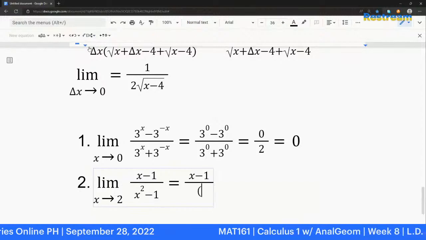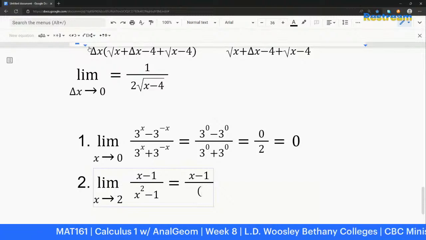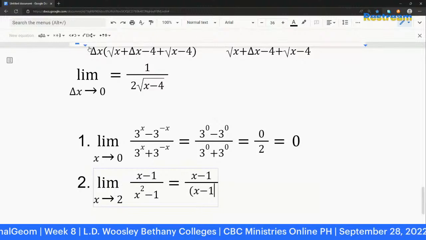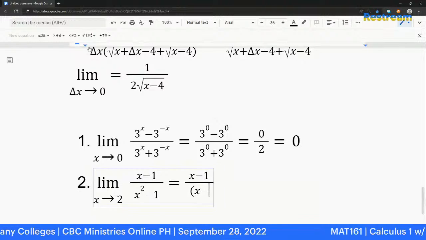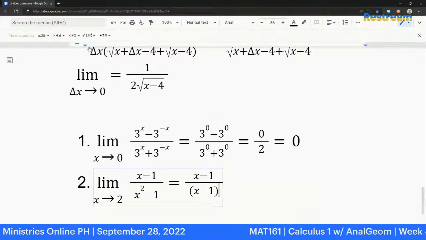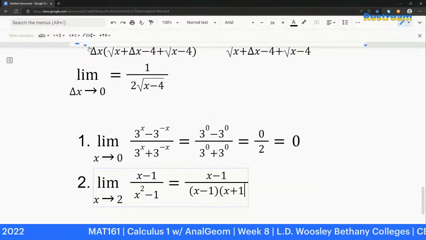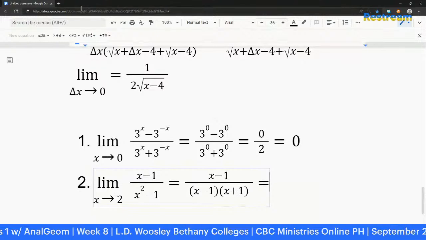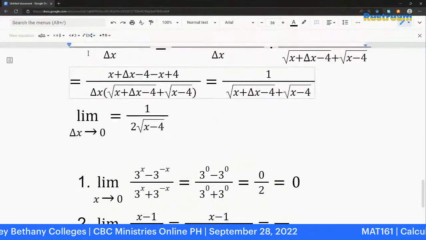What's the factored form of the denominator? X minus 1 times x plus 1 po. Okay, good. All right, so the result would be, obviously, 1 over x plus 1 po.